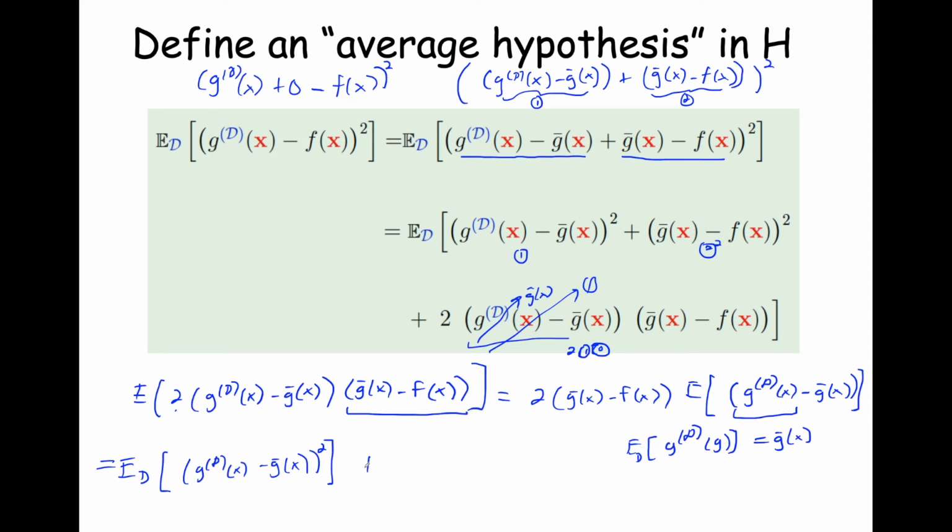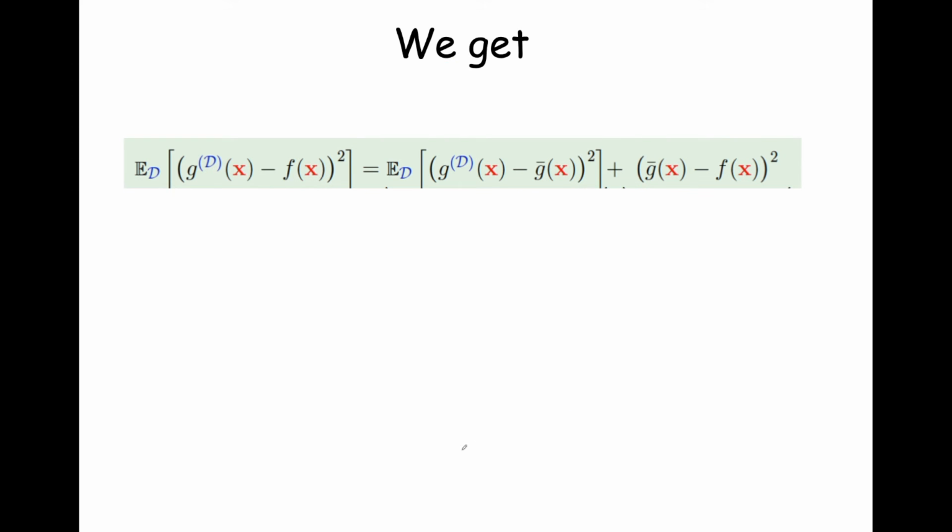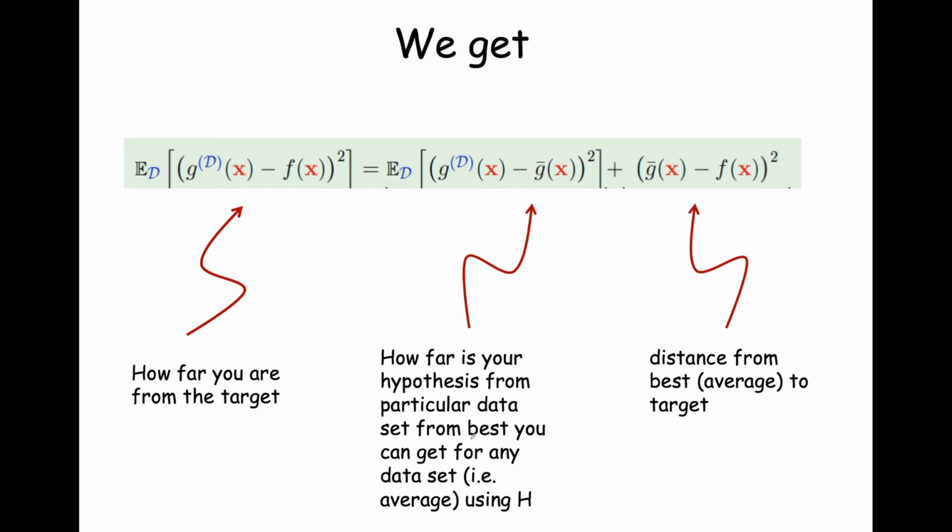So we get plus g bar of x minus f of x, quantity squared. So this is exactly what we get. Now, if we look at these terms, this first term on the left-hand side of the equality talks about how far you are from the target function on average across all data set instantiations.